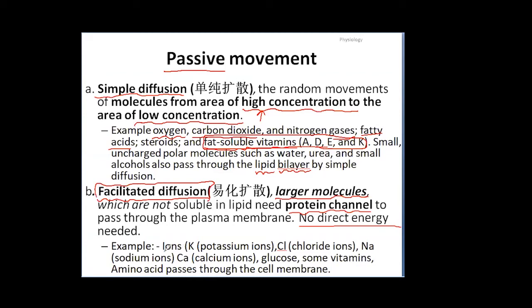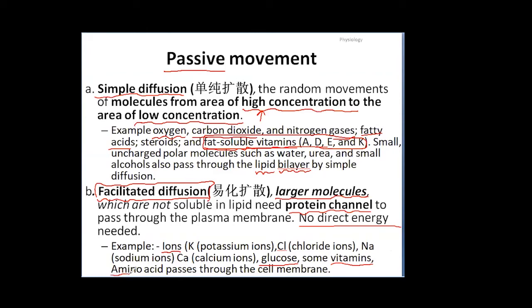So some ions need a protein channel. Glucose, a simple sugar, needs a protein channel. Also some vitamins, except fat soluble vitamins, like vitamin B and vitamin C, need protein channels.